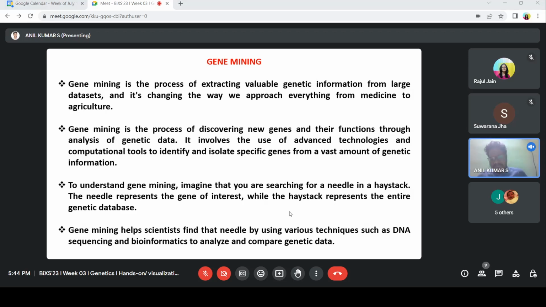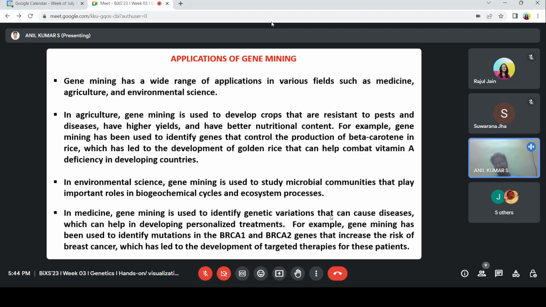This is one simple example of how sequencing or gene mining helps in understanding and how we can progress in medicine as well as the development of crops. Another example is golden rice, especially for people in Asia, mostly in China and India.